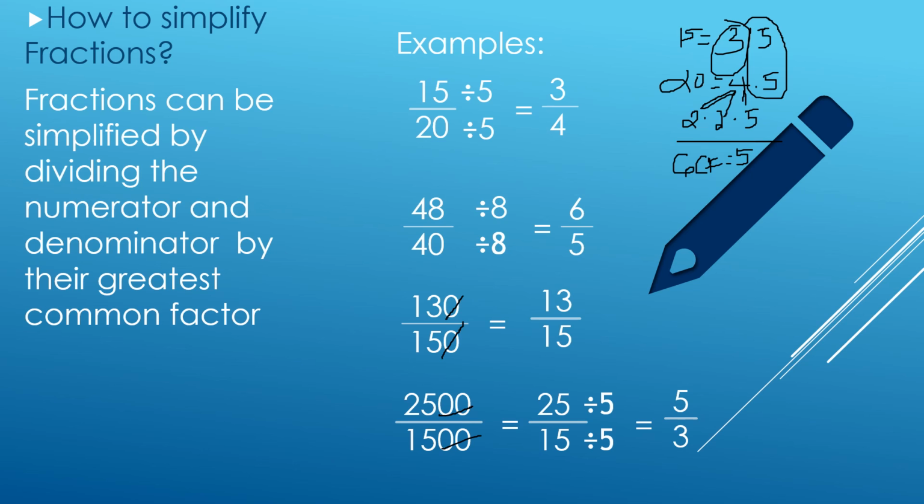Okay, so the lowest term now, or the simplest form of 2,500 divided by 1,500 is 5/3. Okay? So, yung lowest term na yon ng mga number na sinimplify natin, yun lang ka-equivalent fractions nila yon.